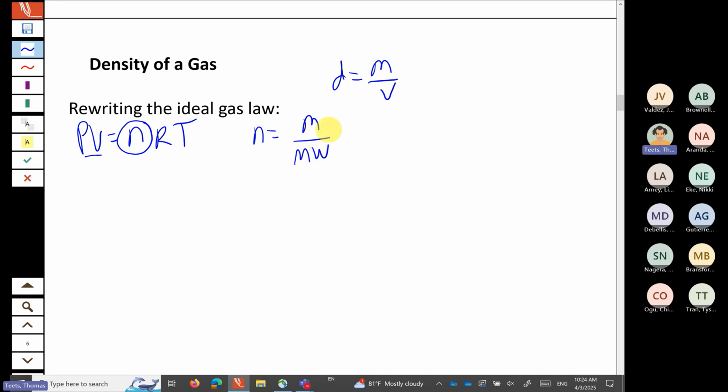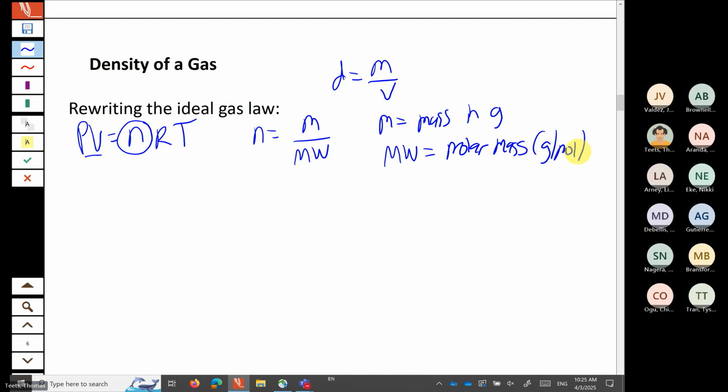So that's the relationship we use all the time in chapter 5, relating mass and moles. So we can then, where here M is the mass in grams, and then molecular weight is the molar mass in grams per mole.